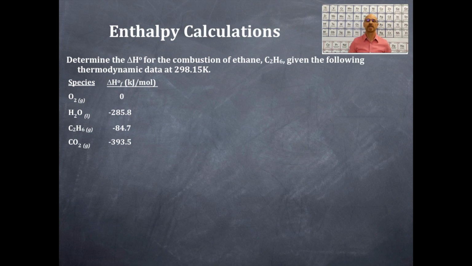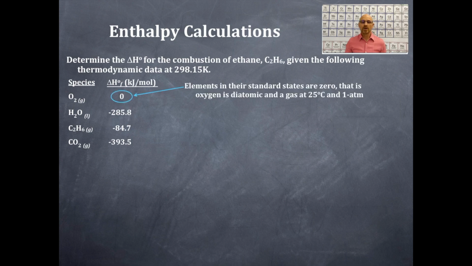And then we have carbon dioxide, that's a gas, and the delta H naught of formation for that is negative 393.5 kilojoules per mole. Now, this is very important because some thermodynamic tables do not include elements in their standard state. It just so happens that for elements in their standard state, the delta H naught of formation is going to be 0. Oxygen might not be in your table.